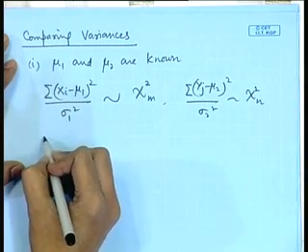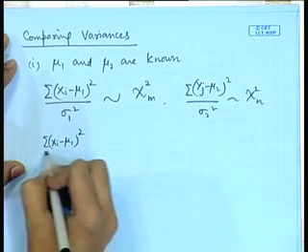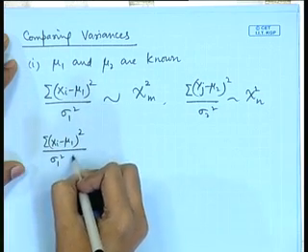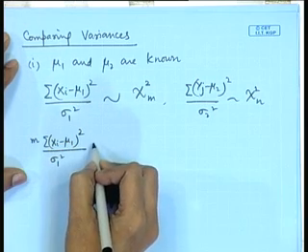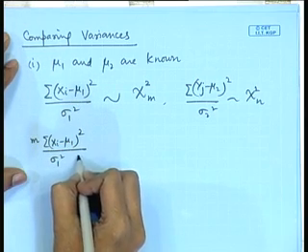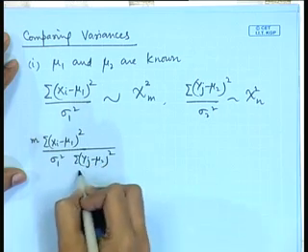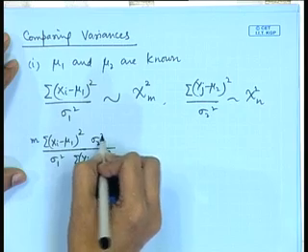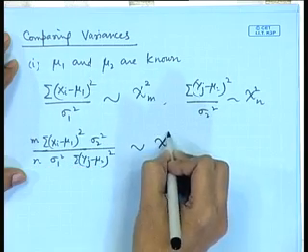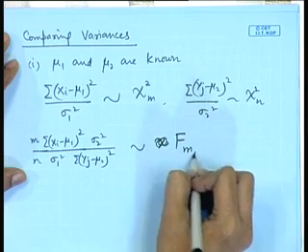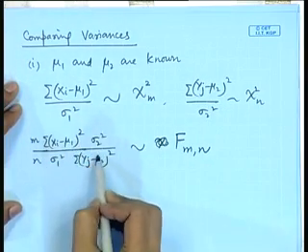So, if we take the ratios, sigma (xi minus mu 1) square by sigma 1 square, divided by m, that is m here, divided by sigma (yj minus mu 2) square by sigma 2 square, divided by n, that will have an f distribution on m and n degrees of freedom.